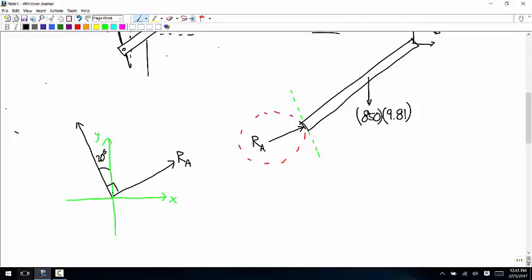And so to figure out the angle of this, you go from the positive x-axis, 90, another 20, so now we're at positive 110, minus 90, and you're back at positive 20. And so that force is RA times cosine of 20, RA sine of 20.